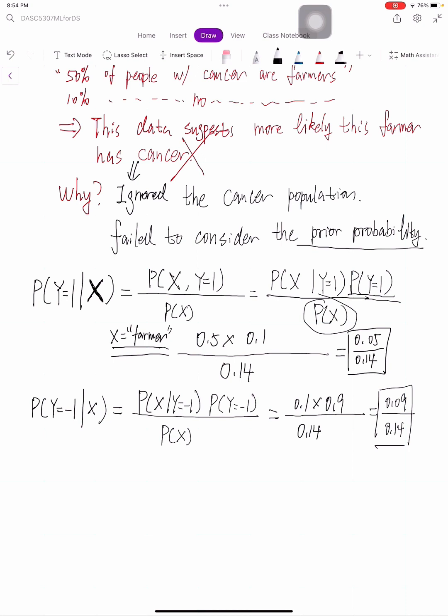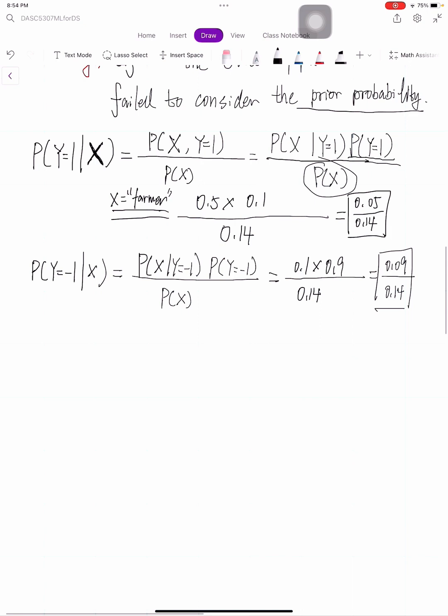Actually, these two probabilities should always add up to 1. Without calculating the second one, you can use the first one and subtract it from 1 to get the probability for y equals -1. But the punchline here is, after this calculation, we see that given the person is a farmer, the chance he gets cancer is lower than the chance he doesn't have cancer.